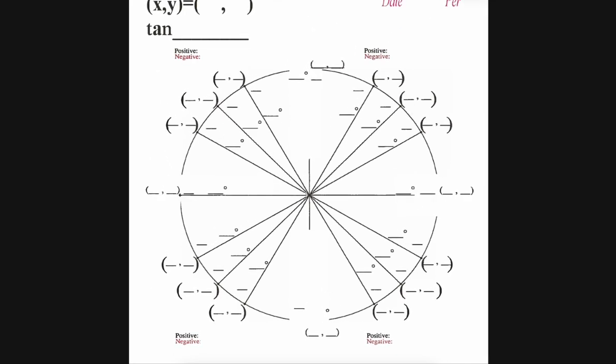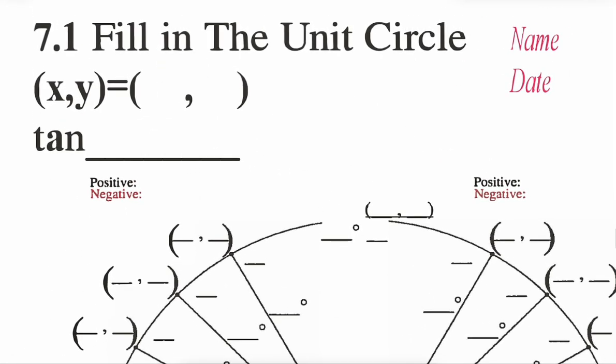Okay. So first, in the top left corner, on the unit circle, the x value is always the cosine of theta. The y value is always the sine. Why is that? Because our x is the adjacent. The y is our opposite, I'm sorry, not our hypotenuse.